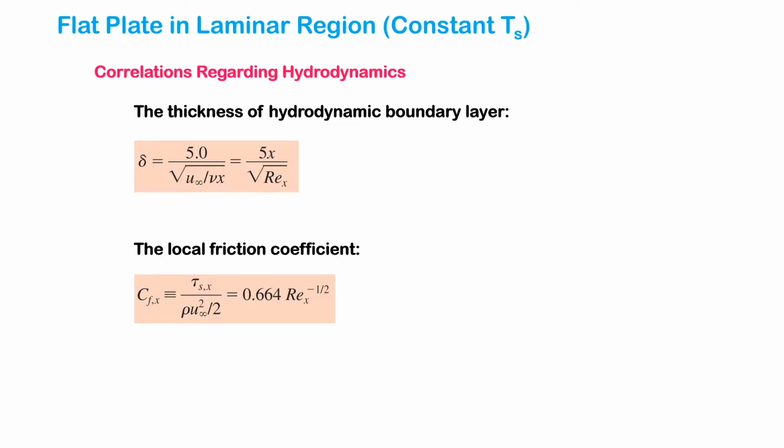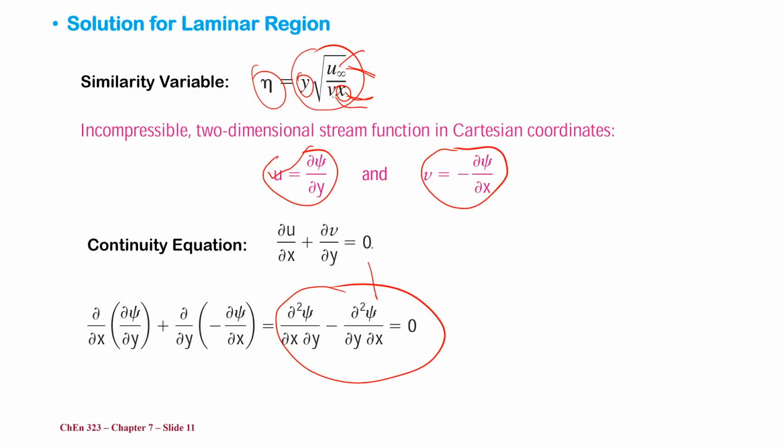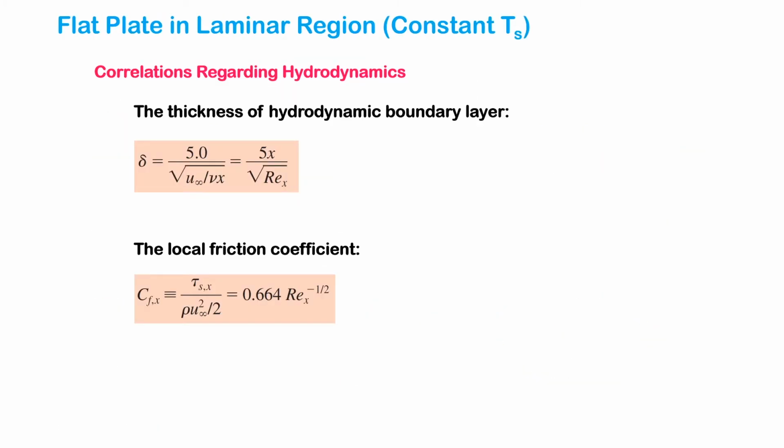After you go through this analysis, I'm not going to spend time actually solving these partial differential equations using the similarity variables, but you should know that the boundary layer for laminar flow over a flat plate can be solved analytically using the similarity approach. It is still lengthy, and I'm just going to show you the final results. I'm not going to go through the derivation.